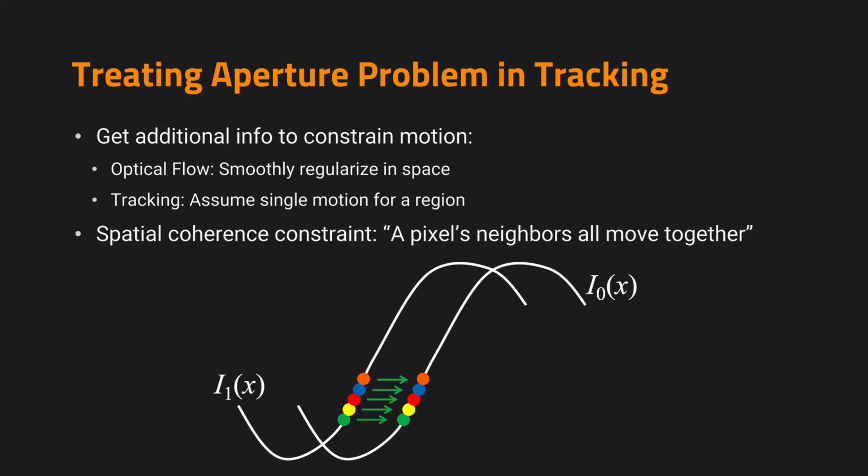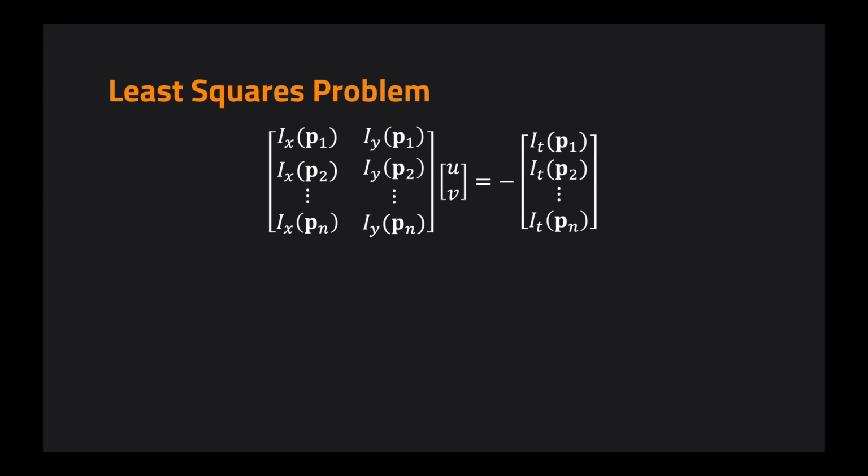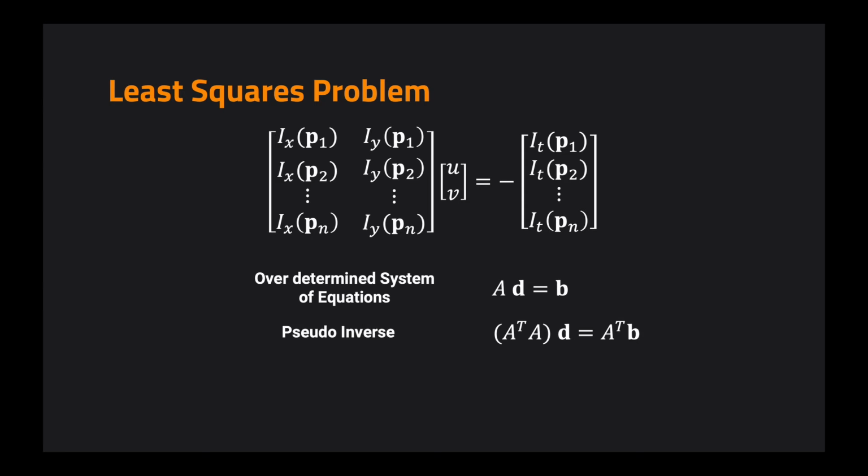The illustration on this slide shows an example for a 1D signal. Each pixel will give us one constraint for this two-dimensional displacement u and v, and for n points we will get n constraints. It's an overdetermined system of equations, and we can solve it by taking the pseudo inverse of the matrix.